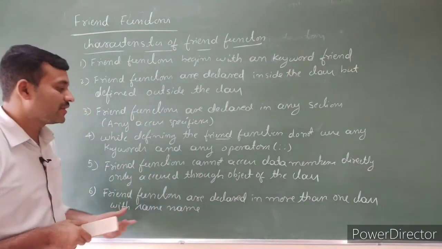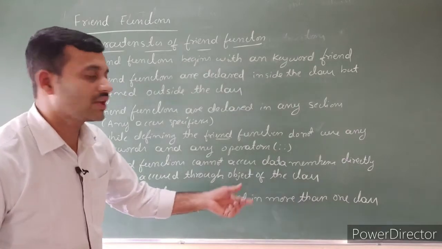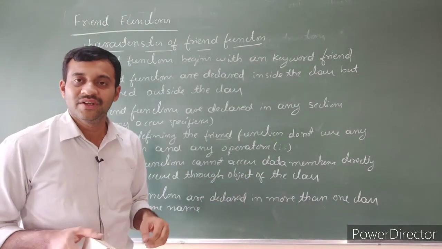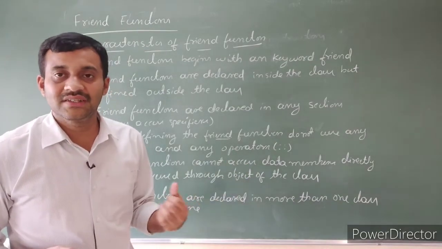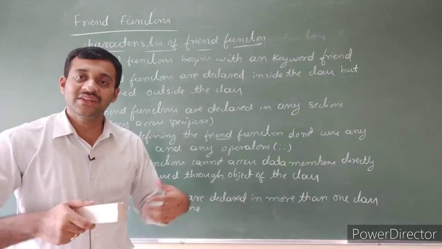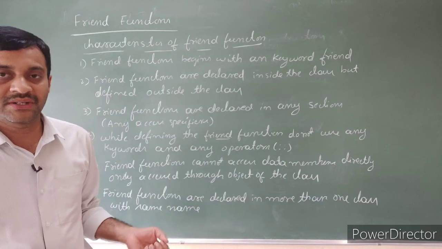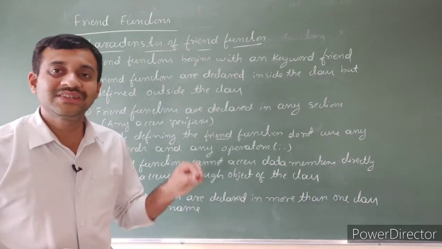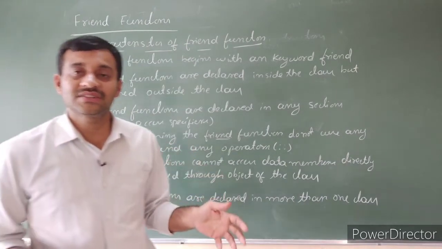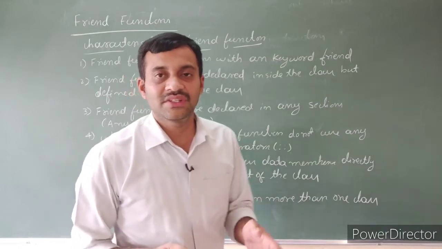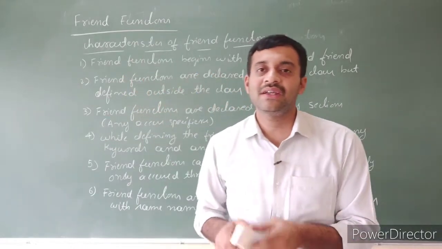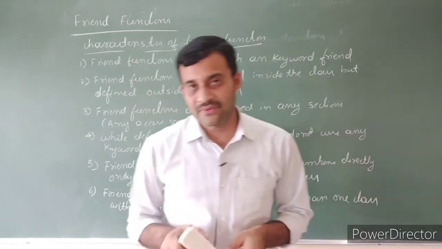Then the last one: friend functions can be declared in more than one class. It can access the data members from more than one class. In that case, we have to declare the friend function with the same name in both the classes. These are the characteristics of the friend function.